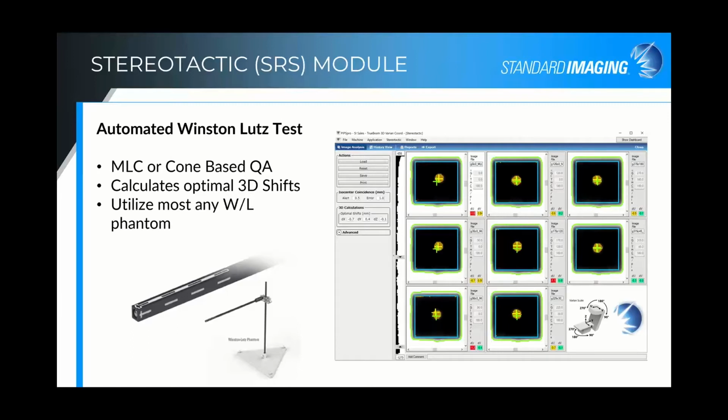We do have a 3D micro-adjusted, micrometer adjustable pointer as well. And then we have a basic Winston-Lutz cube that's available too. So we have various solutions for that. But you can also utilize your Linac supplied pointers as well. So it gives you the options for just about any type of phantom.